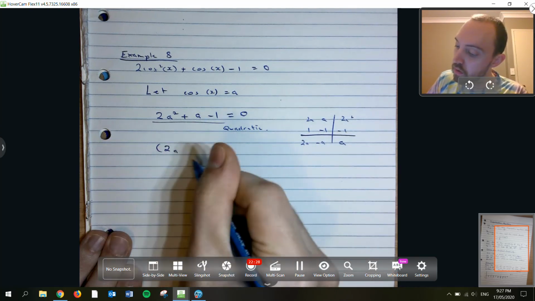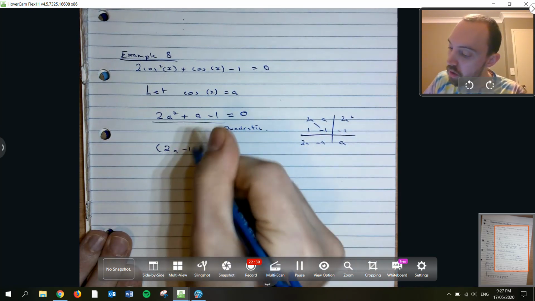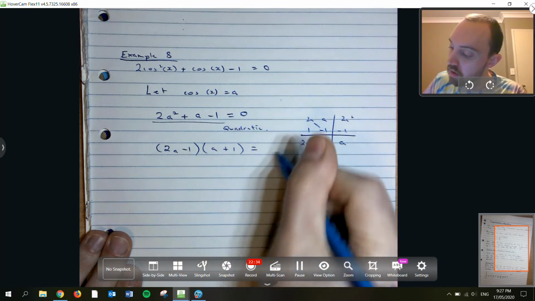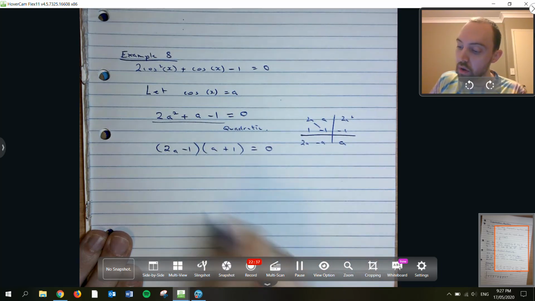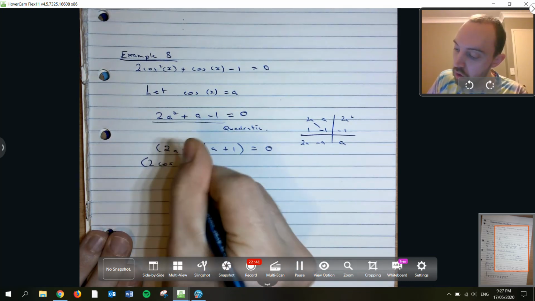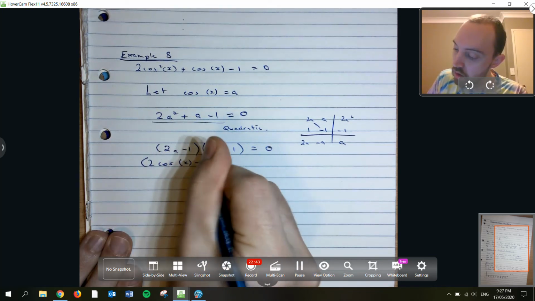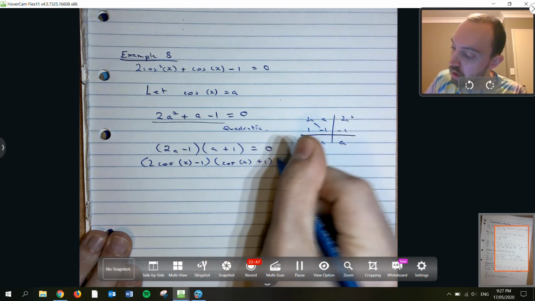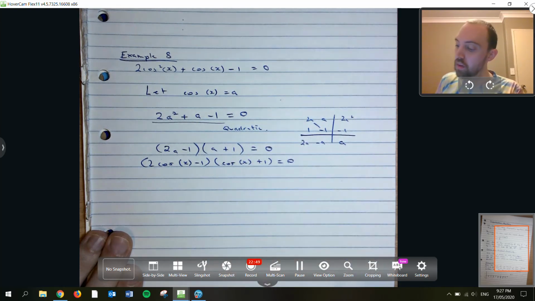So we have 2a and -1, and a add 1. This is all equal to 0, but a is cos x, so we've actually got 2 cos x, take 1, times by cos x, add 1 is equal to 0.